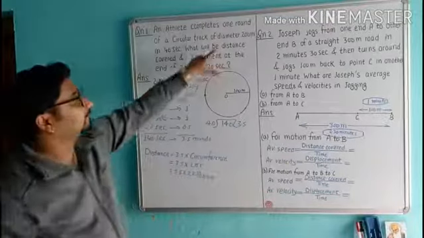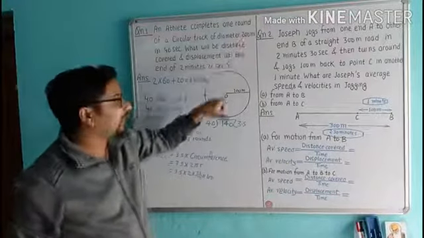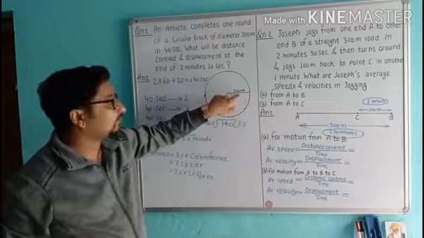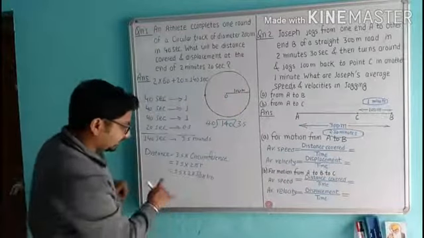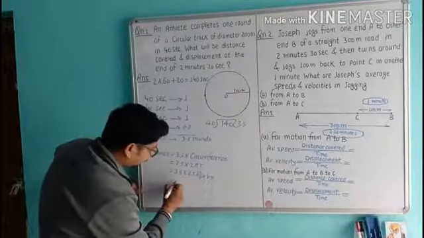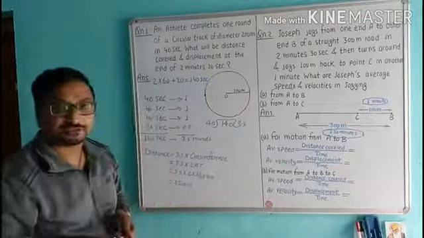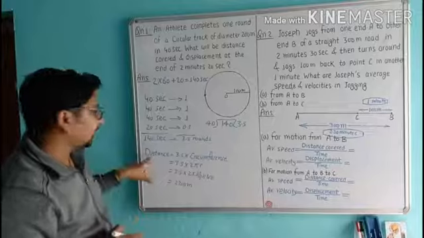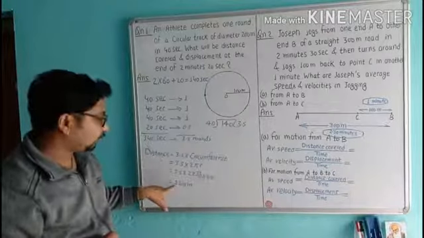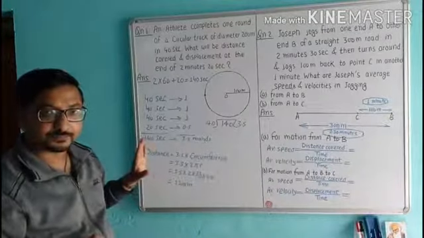If diameter is 200 meter, that means radius will be 100 meter. After putting these values, we get 2200 meter. Distance covered by the athlete will be 2200 meter.